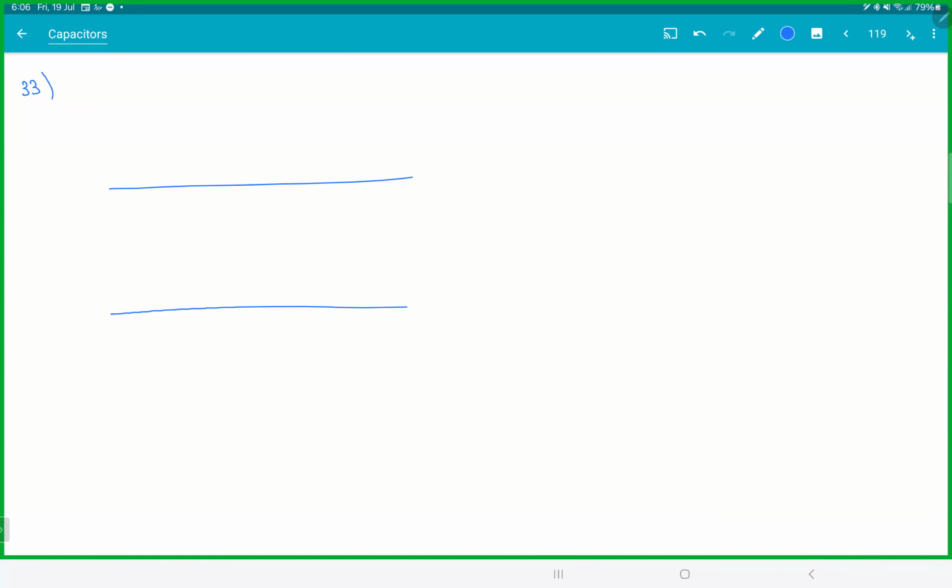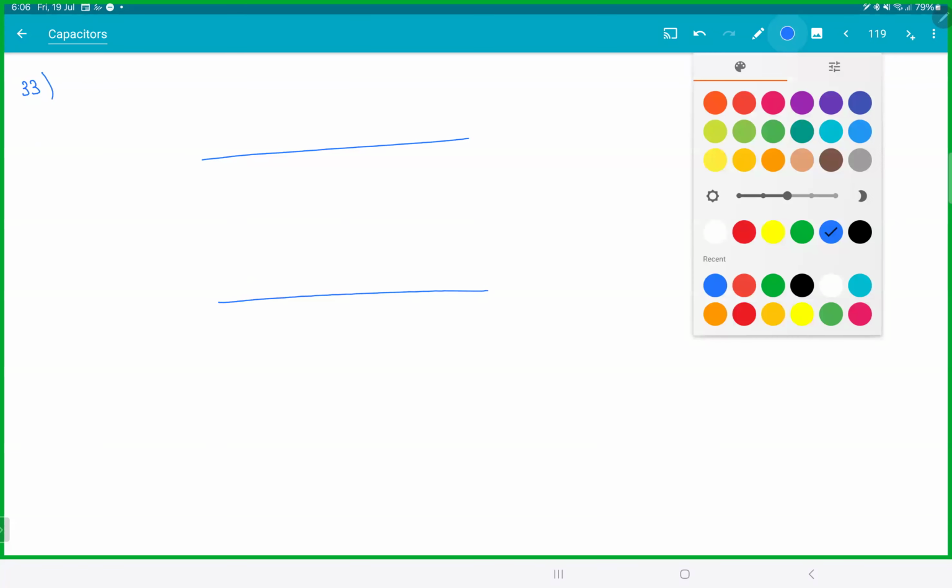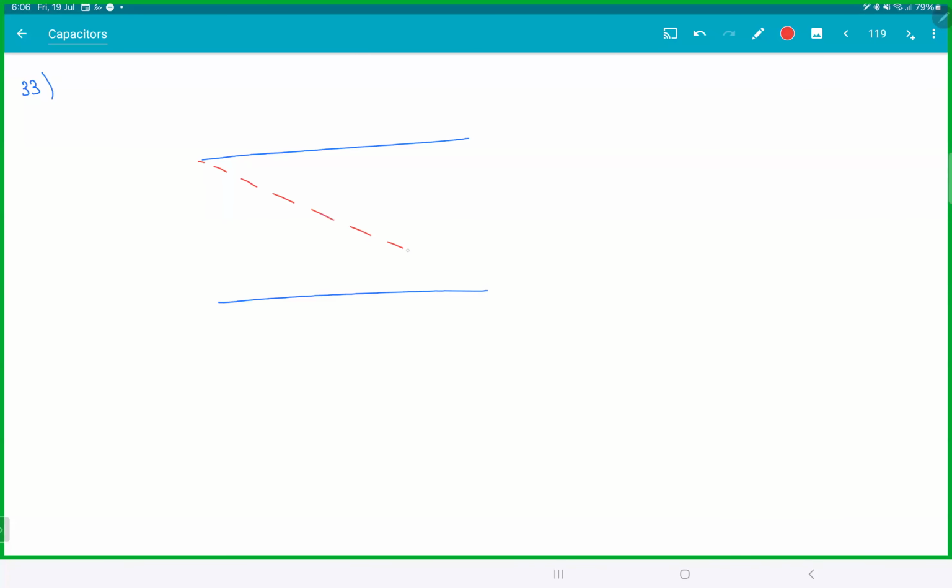So we have a parallel plate. This is K. This is 2K. It's like a sandwich, the diagonal part. Distance between them is D. This is a side A, the square plate.